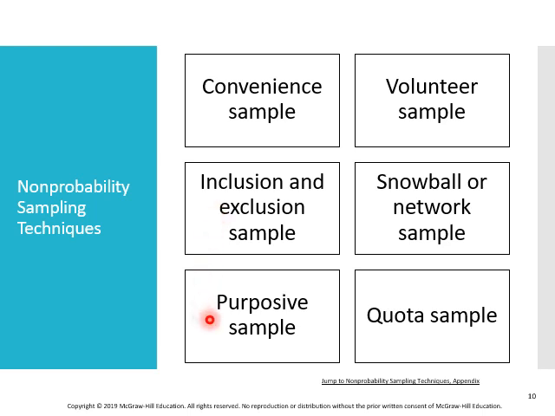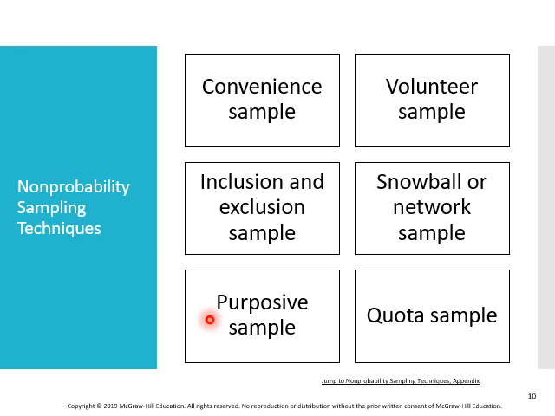Purposeful sample means that the researcher purposefully pursues individuals with that specific characteristic. So for example, back again to the Vietnam vet example, I would specifically look for individuals who served in the military during the Vietnam War.